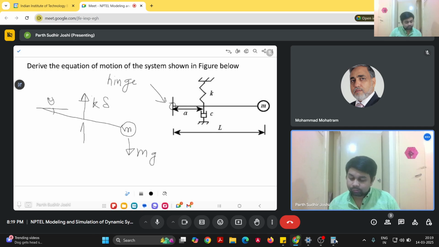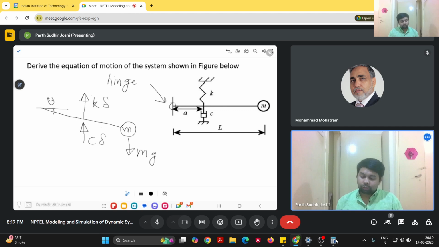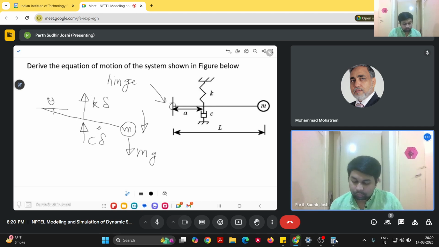And let us say c into delta dot. The deflection from the equilibrium position for this mass will be, let us say, some x or y.